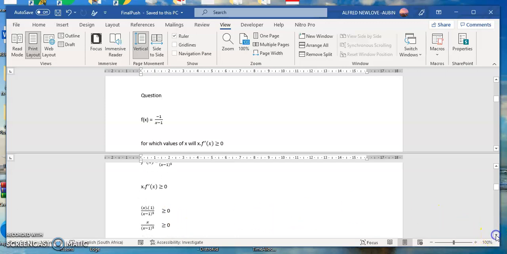So here what we need to do is this x will multiply that, then x should be greater than 0, then (x minus 1) squared should not be equal to 0, because if it is equal to 0, this will be undefined.